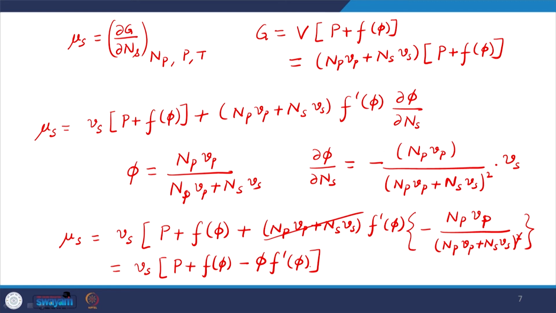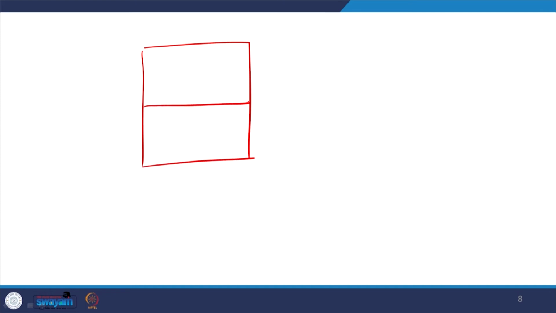Now, let us pause for a moment and see how chemical potential can also be a driving force. So let us imagine that we have two phases that are not under equilibrium. Clearly when that is present, there is some exchange happening between the two phases.